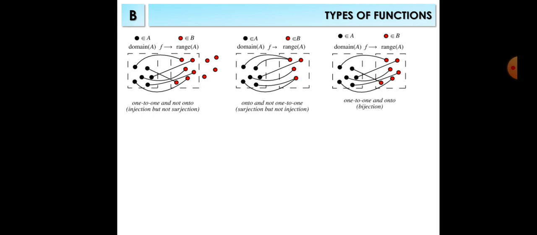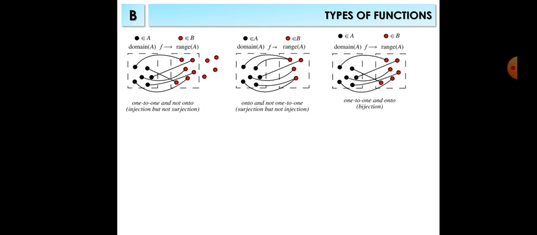Because some elements of the range set or the codomain set are not related to the domain elements. So onto says this only, that every element of the codomain must have a pre-image. So if some elements are there whose pre-image does not exist, this function is not onto.